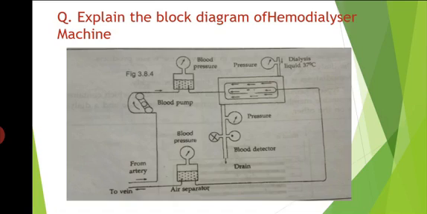Then it maintains the concentration gradient, and in this way waste products are removed from the blood.